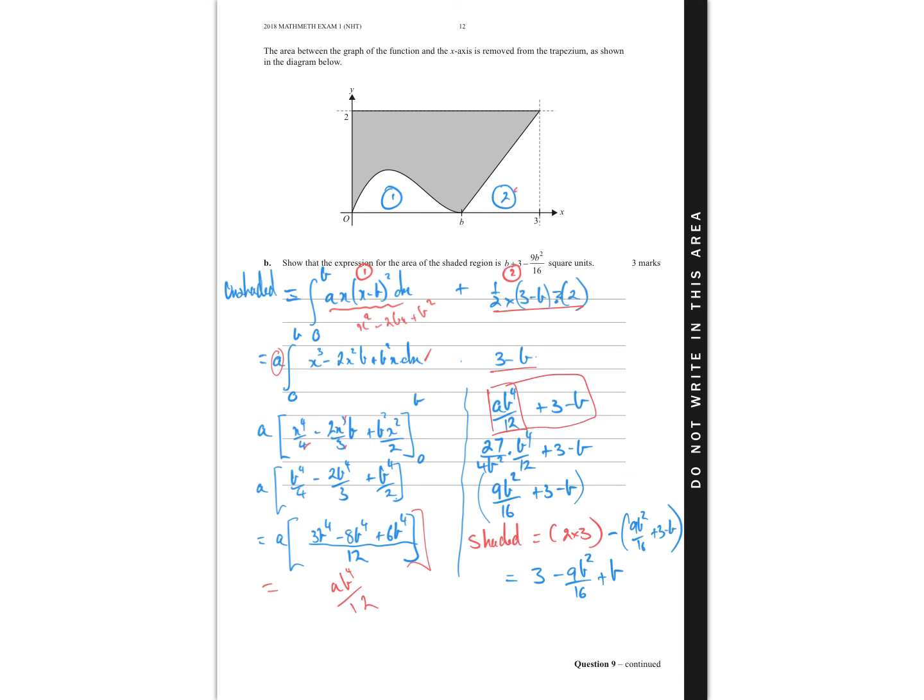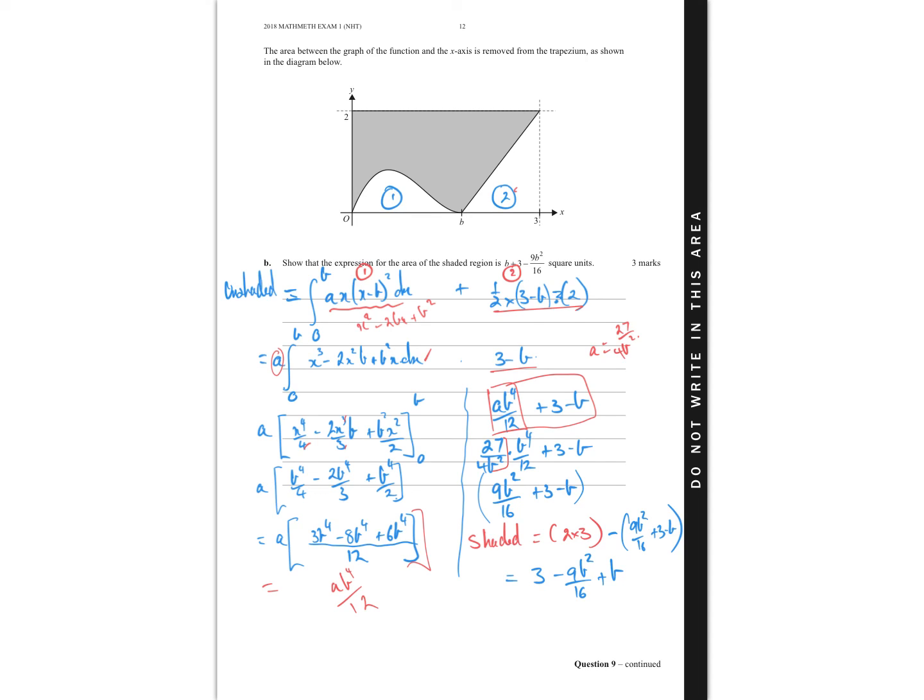So what am I going to do there? I'm going to substitute my a value in. So a was equal to, from the previous, 27 on 4b squared. If I substitute that in, there's my 27 on 4b squared times b to the 4 on 12.